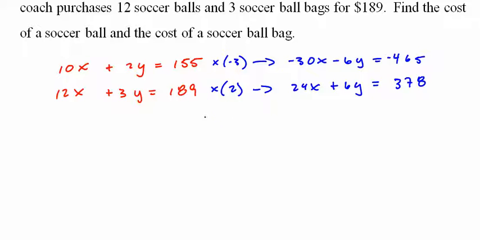Check that. Looks good. Negative 6x equals negative 87. Seems a little bit off, so I gotta check some math here.